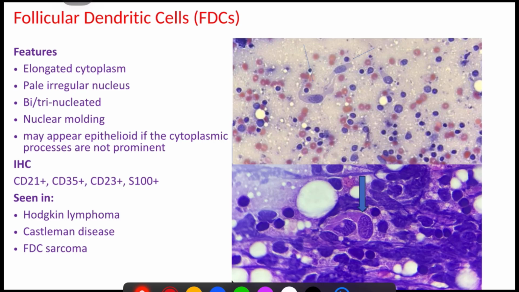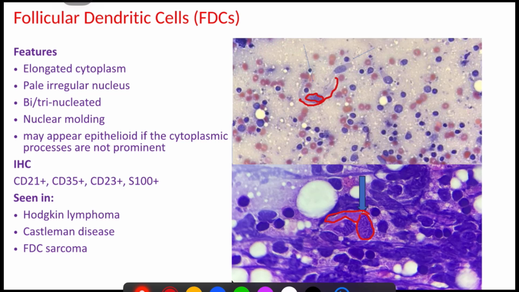So how do you identify them? Here you can identify this elongated cytoplasmic process, and a pale, irregular, elongated nucleus. You may have bi- or trinucleated cells. You may find nuclear molding, and sometimes, without cytoplasm, they may mimic epithelioid cells. Here you can appreciate the cytoplasmic process having a round to oval nucleus.